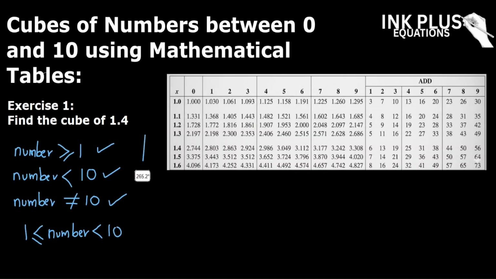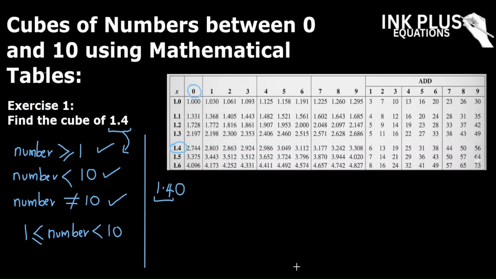Now, once you check and confirm that this number satisfies these rules, then we can continue to the mathematical table. So in the mathematical tables, open the cubes section. Once you open the cubes section, find 1.4. So 1.4 is actually equal to 1.40. It's the same thing. We don't have to write this 0. So 1.4 is right here, and 0 is right here.